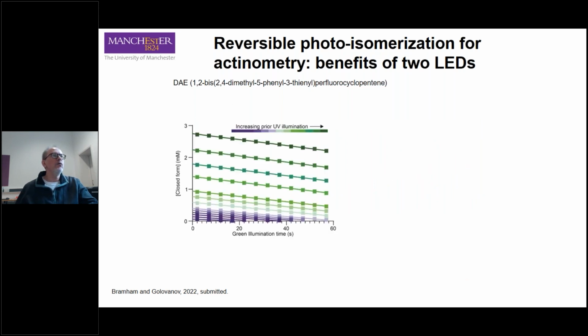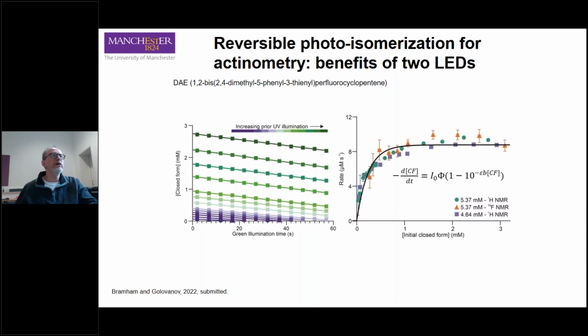And then we can determine the dependence of closed form conversion rate versus starting concentration of the closed form. And knowing the quantum yield of the reaction triggered by green light, we can then derive the real light intensity of green light inside the NMR sample as the number of photons reaching the sample per unit of time and per unit volume.